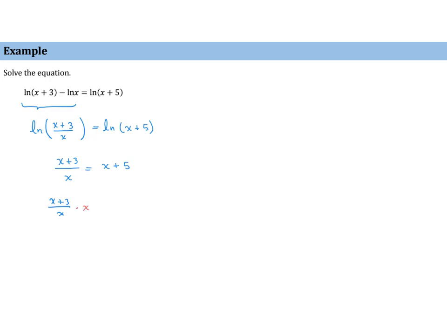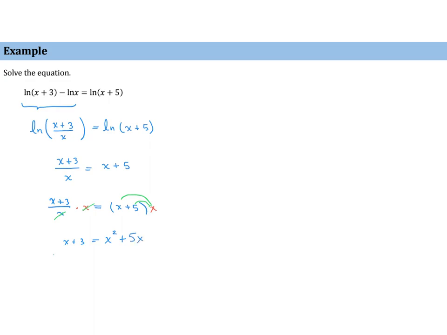But if we do that on the left-hand side, we must do that on the right-hand side. So x plus 5 will also need to be multiplied by x. So we'll distribute on the right-hand side, and on the left-hand side, the x's just cancel. So we have x plus 3 equals x squared plus 5x.